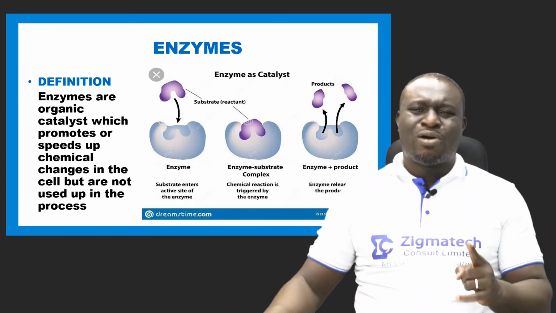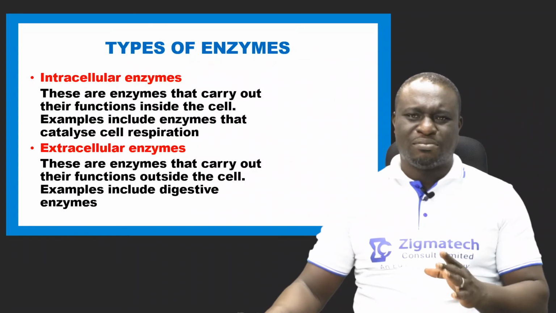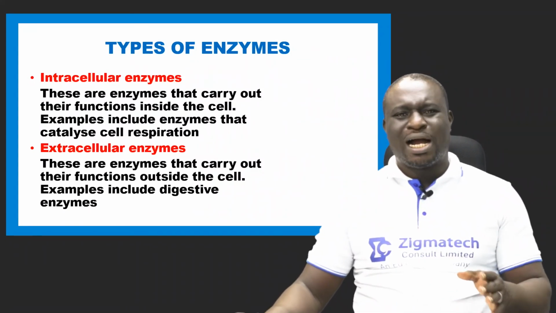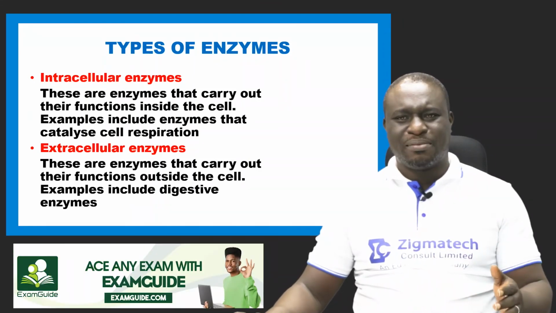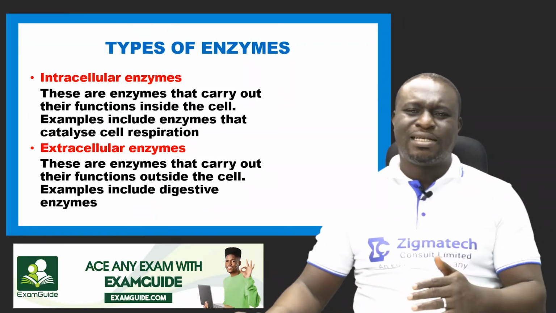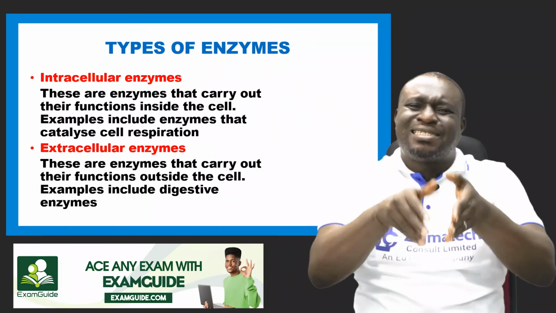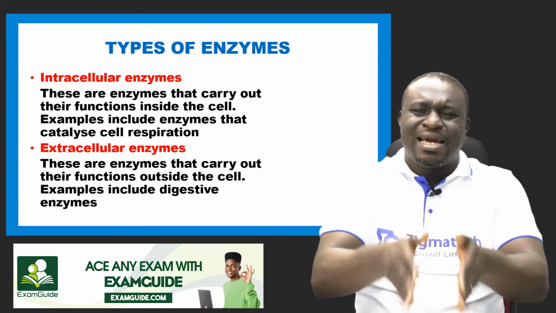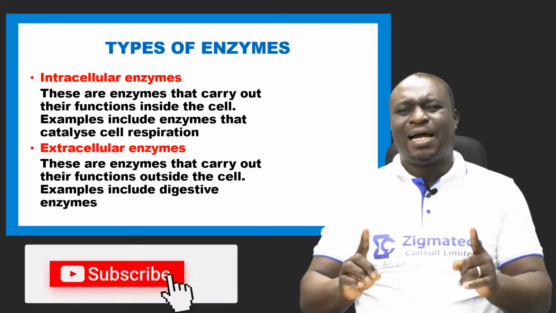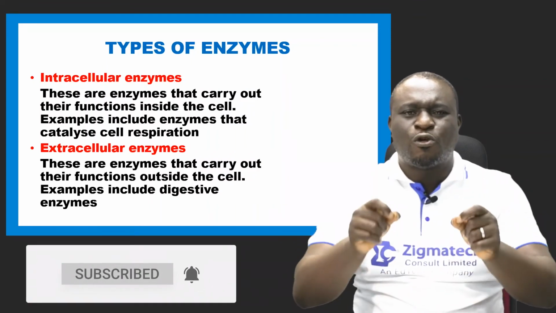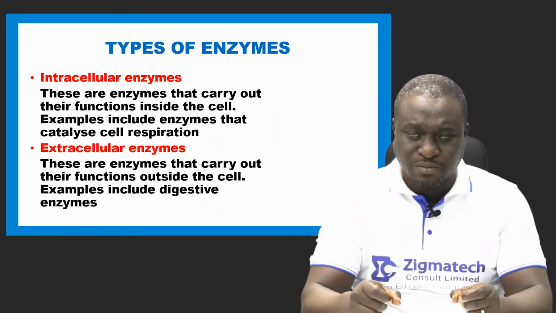Now, we have two types of enzymes. We have what we call intracellular enzymes and we have extracellular enzymes. Intracellular enzymes are enzymes that carry out their function inside the cell. An example is the enzyme that is responsible for cellular respiration.